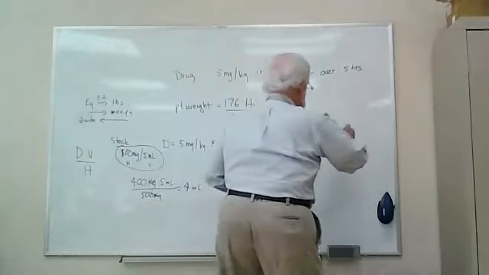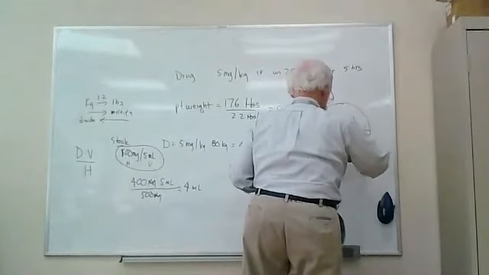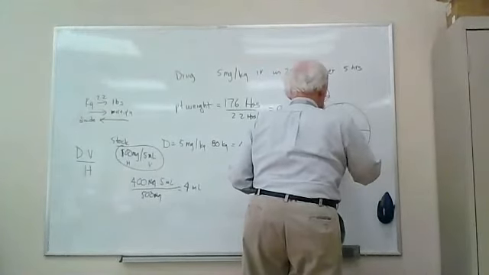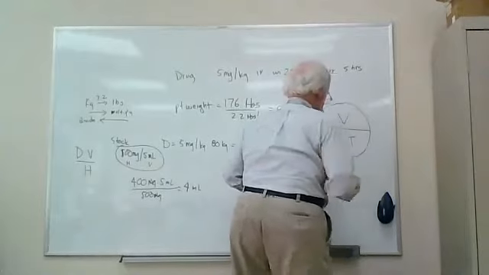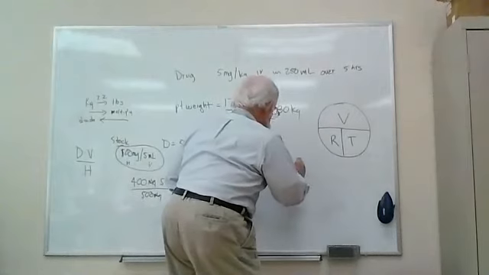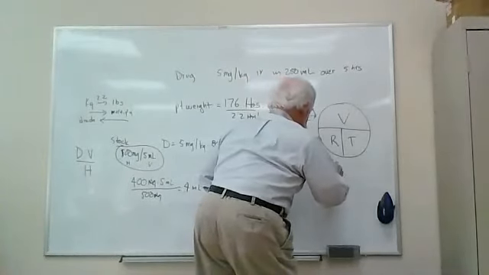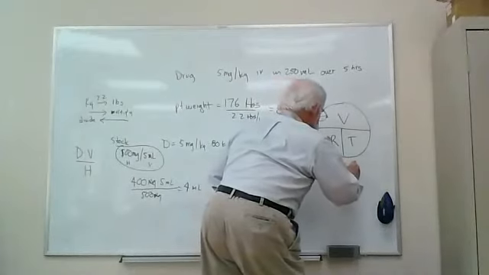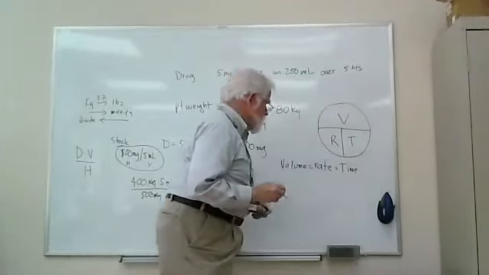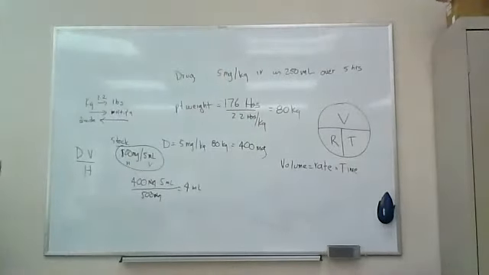which is, we're going to make this a pie. V, R, and T. Volume equals rate times time. Rate is always a volume per unit time. The total volume is calculated by multiplying.